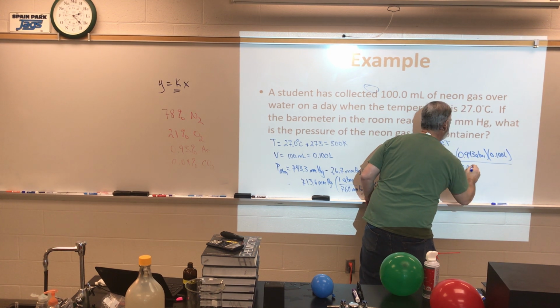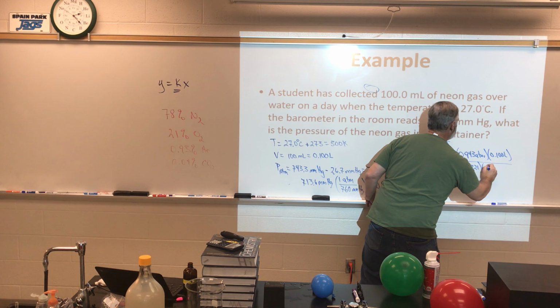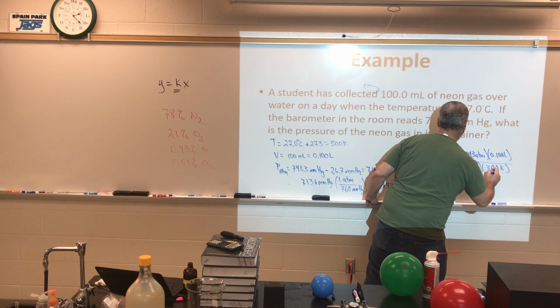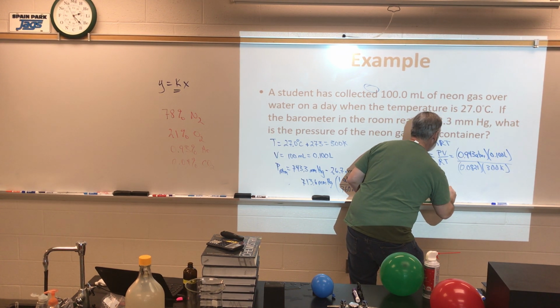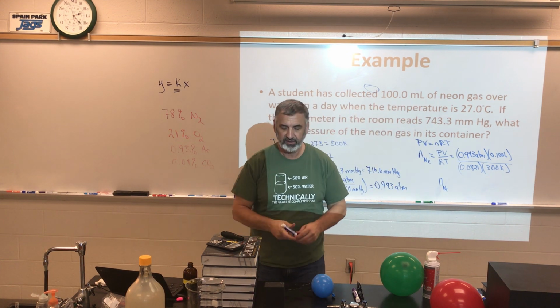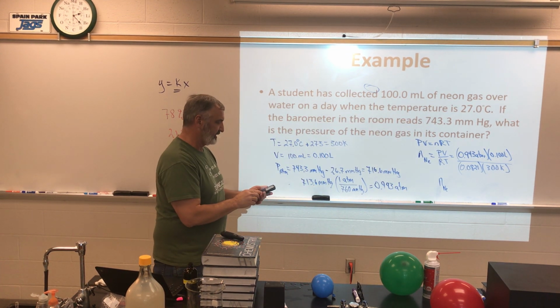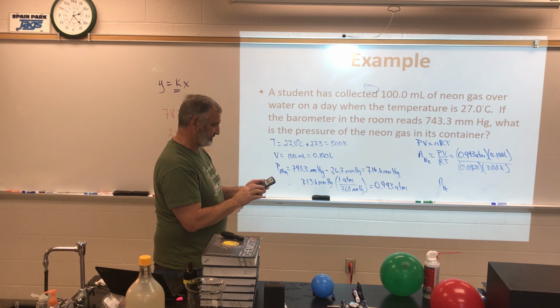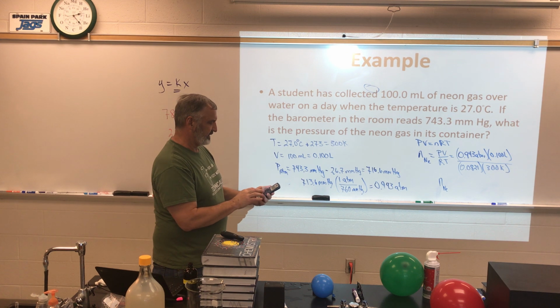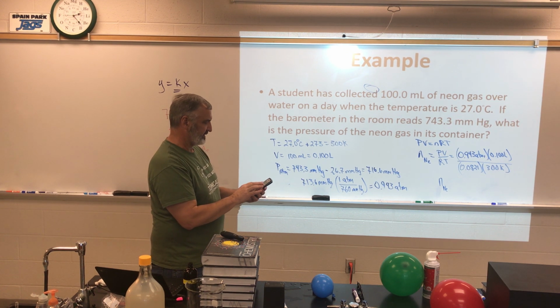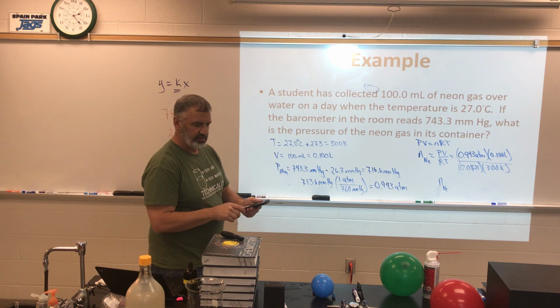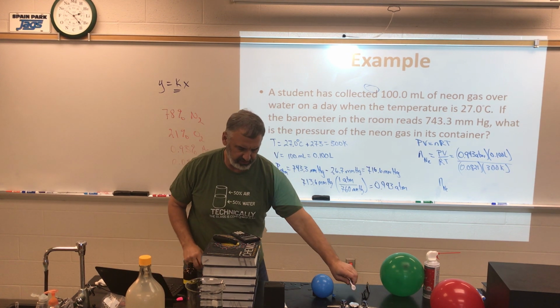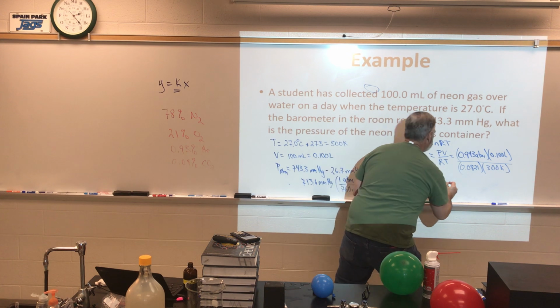R is always 0.0821, and the temperature is 300 K. So I put all of that in, so I would know that in my 100 milliliters, this is a way for us to be able to get moles. We have times 0.1 divided by 0.0821 divided by 300, and you end up getting 0.00383.